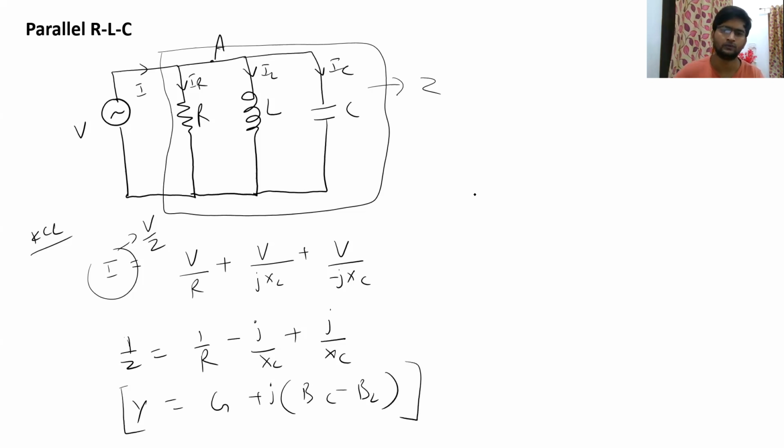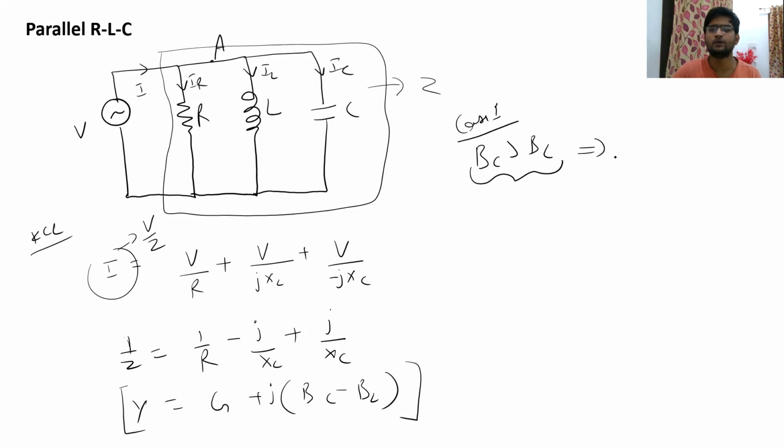As you can very easily say, if BC is greater than BL, then definitely in this case 1, the circuit is going to work as a parallel RC circuit. So everything will be the same, and we can call this thing B net, right? So this will be exactly the same as the parallel RC circuit, and the BC will be replaced by B net.